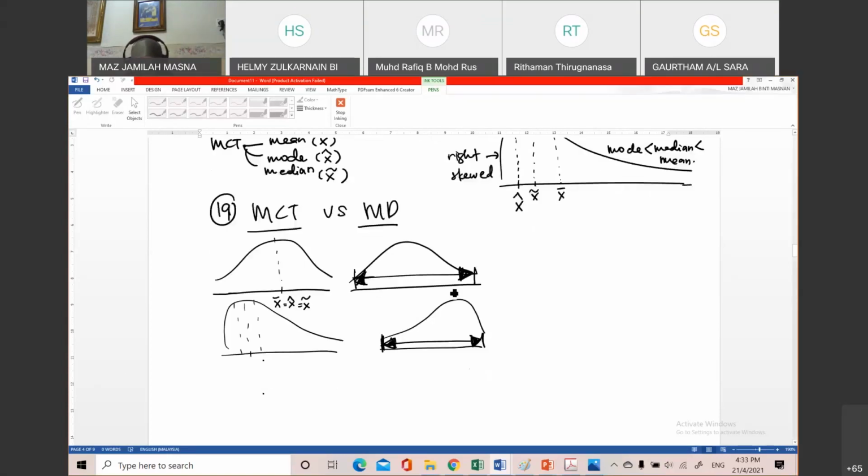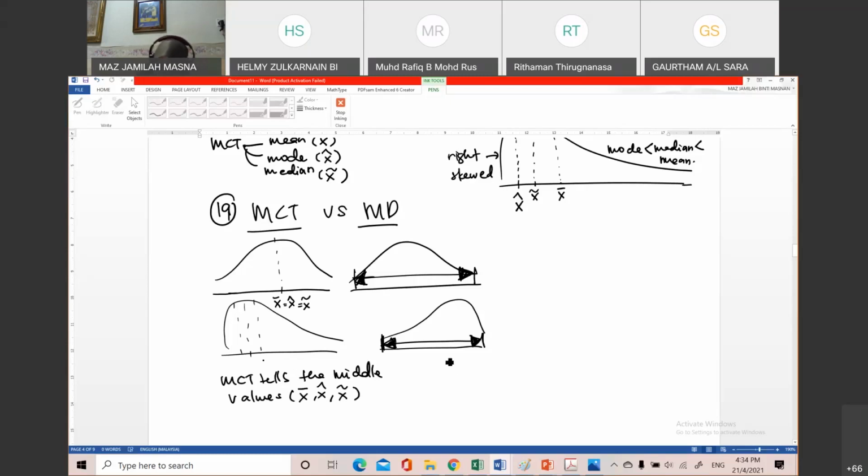You can also say that, but that is not what we call a universal answer. MCT tells the middle values, represented by x bar, x hat, mode, and x curly median.